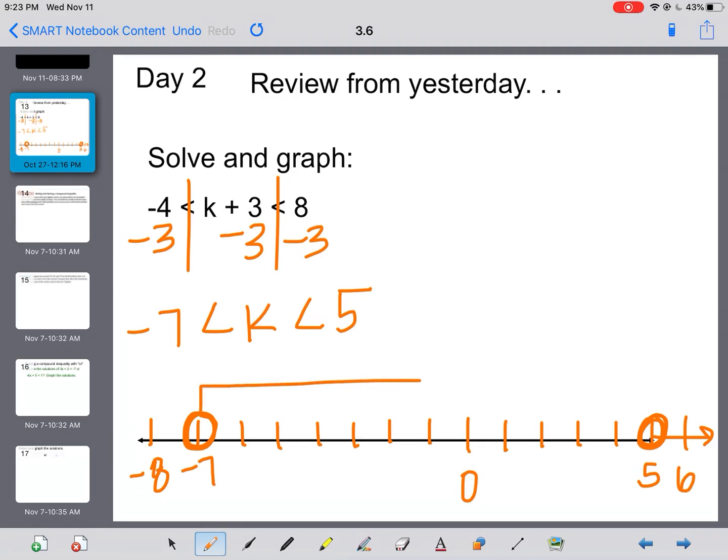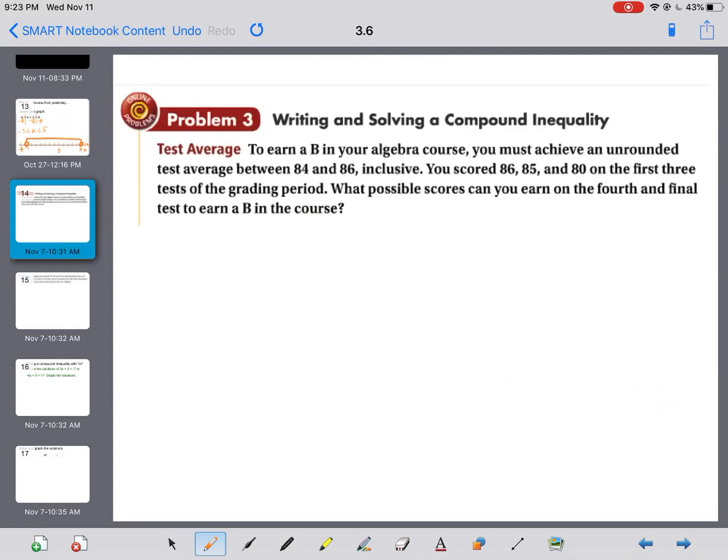All right, so I need both of them to be open circles. The first at negative 7, the second at 5, and my k is greater than negative 7, but less than 5. So everything in between, not including negative 7 and 5, is what gets graphed.